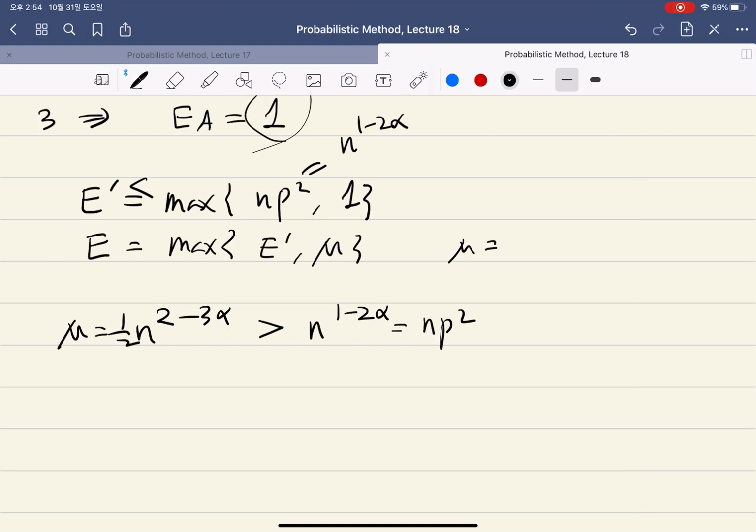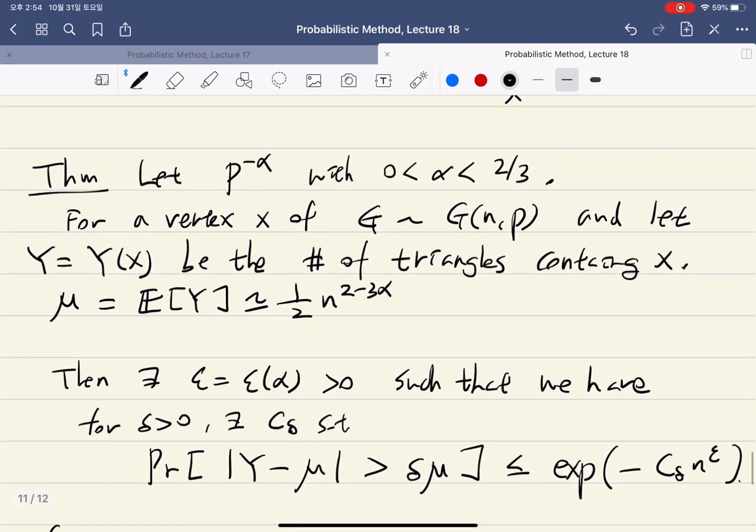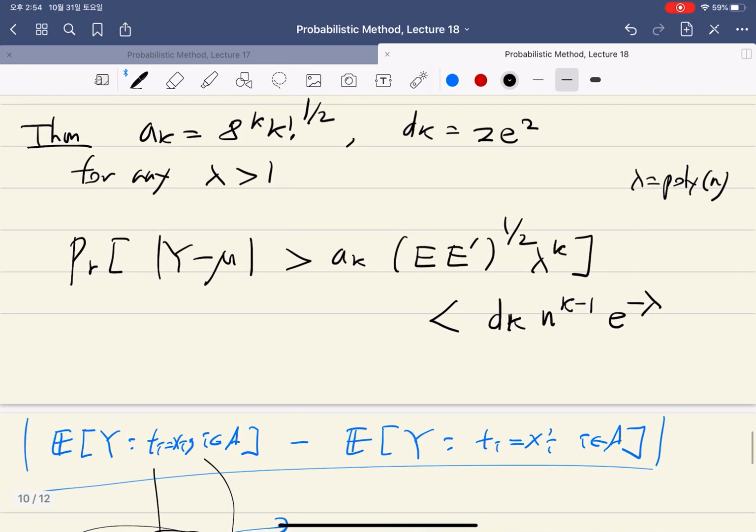So now what we want to do here is make sure that this is roughly some constant times mu, while lambda is some n to the epsilon.